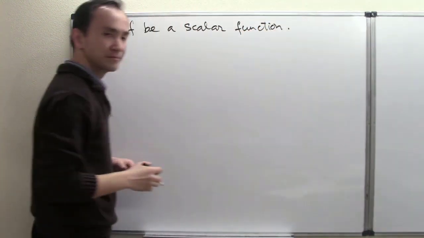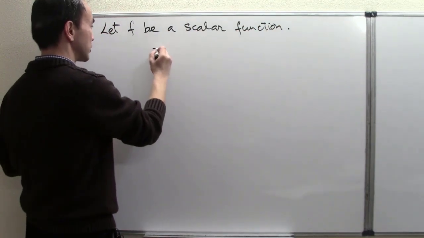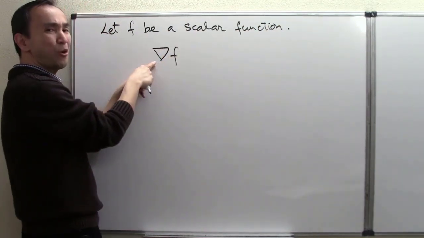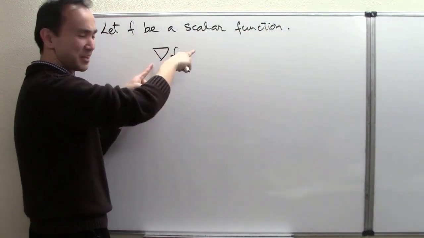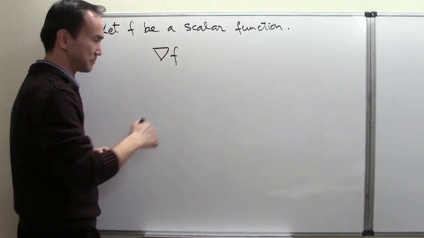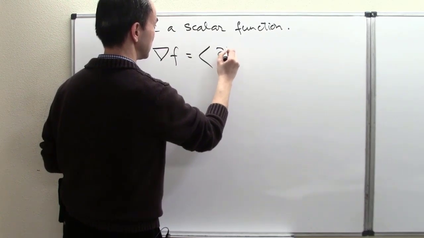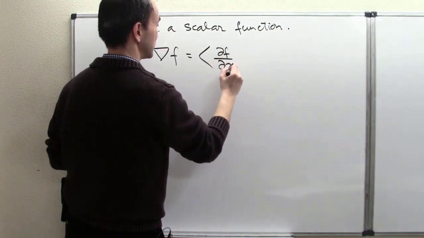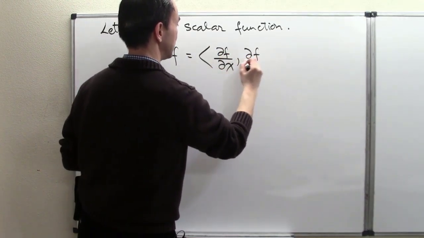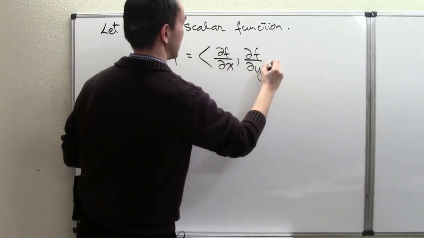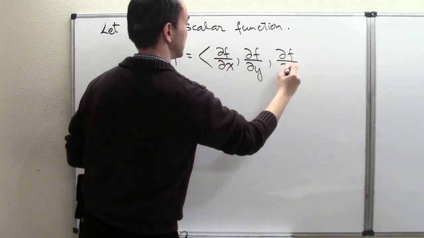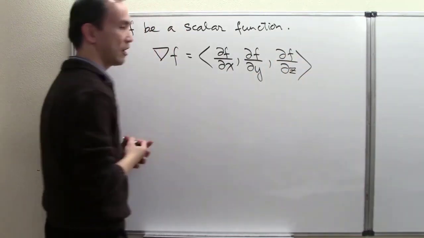Everybody at this point knows that del f, if we multiply del with f from the left-hand side, is the gradient vector, which is also a vector field: df/dx, df/dy, and df/dz. No doubt about that.